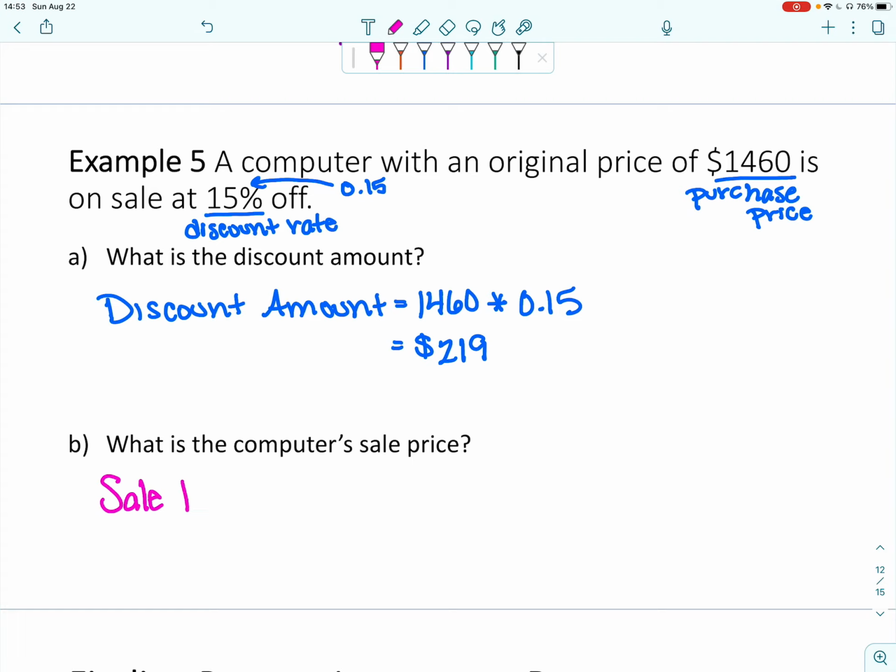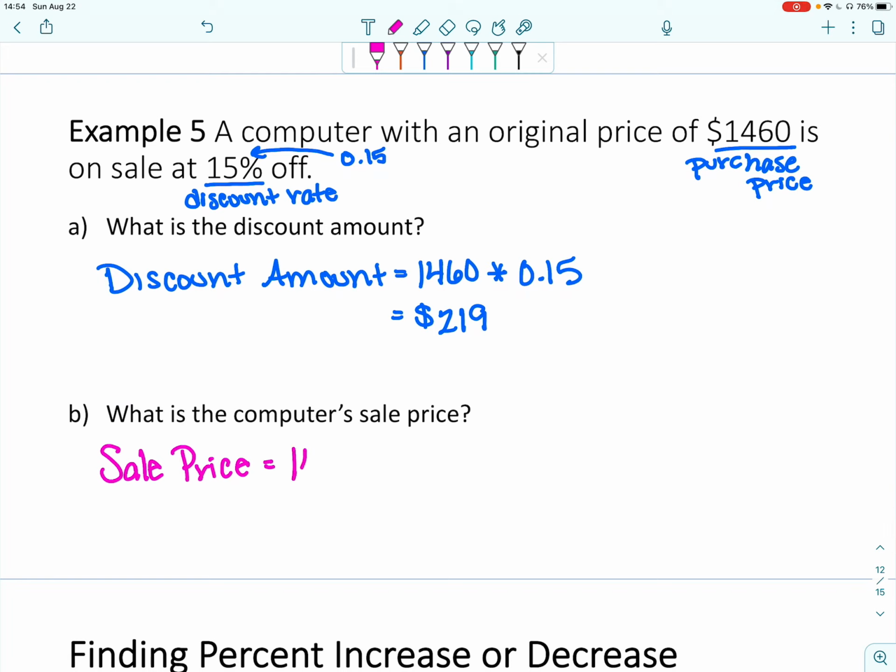But now the sale price of the computer is where the difference comes in. Here we're going to take the purchase price and subtract this discount amount.